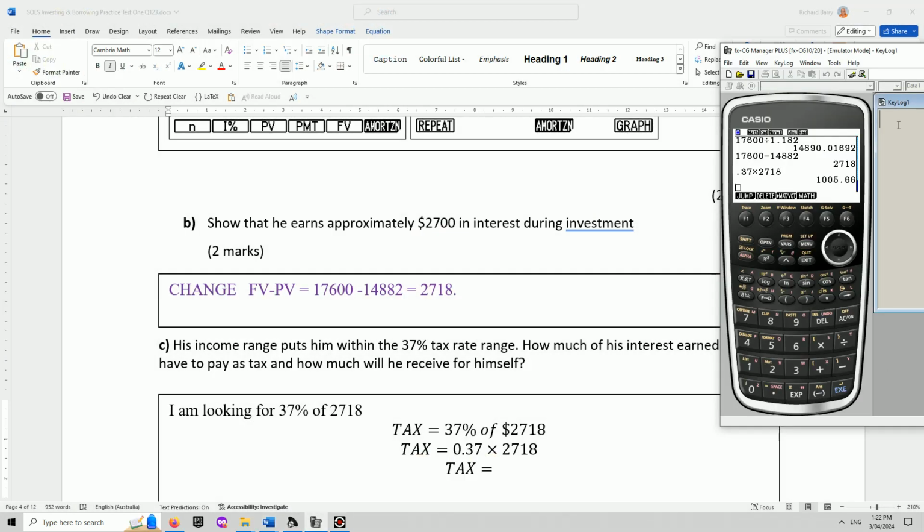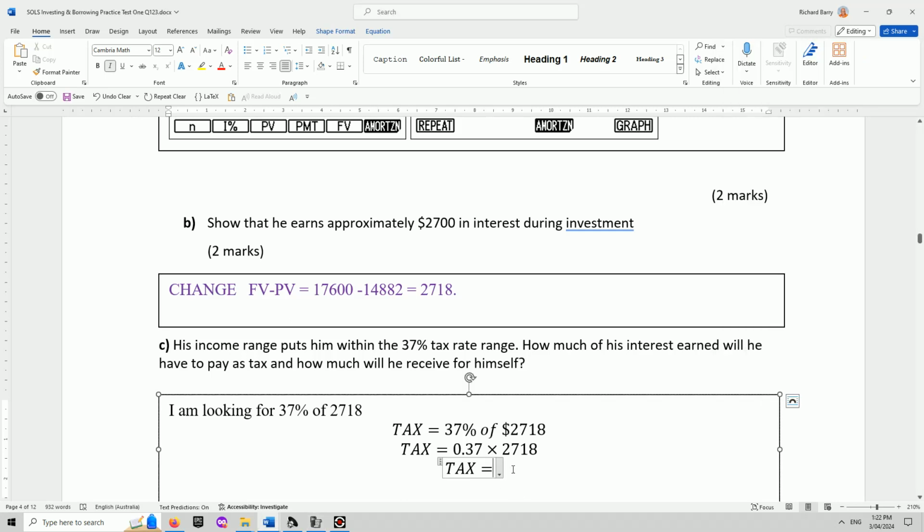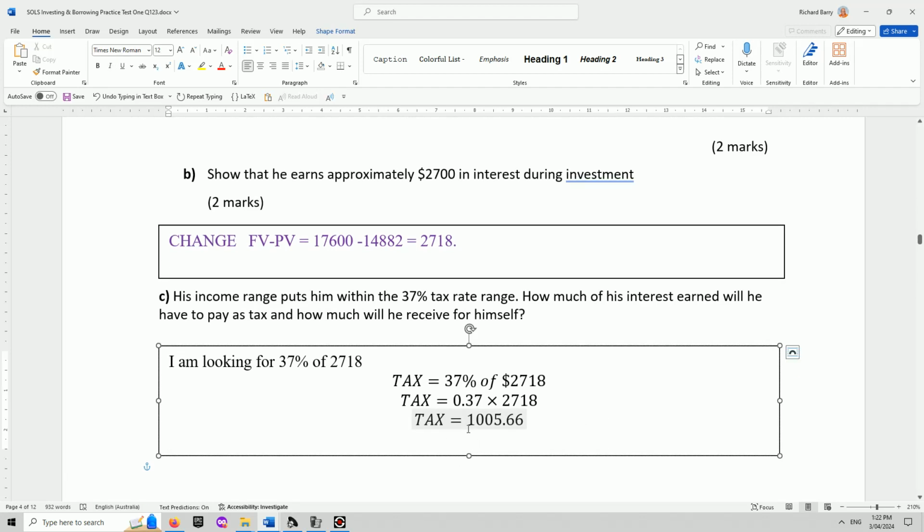To the calculator. 0.37 times 2718 is about 1005. Now, this is how much tax they paid. What does the question actually ask? How much of the interest earned will he receive after paying tax?